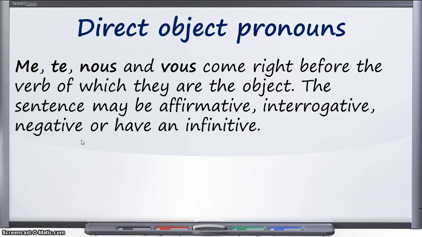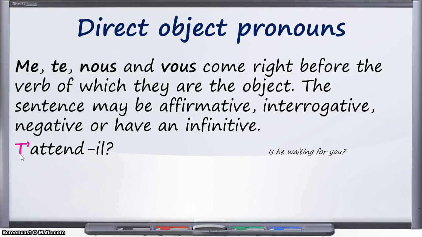So let's start with interrogative, where you're asking a question. For example, t'attend-il? Is he waiting for you? You notice that in this expression, the T apostrophe, which is a direct object pronoun, is still coming before the verb.